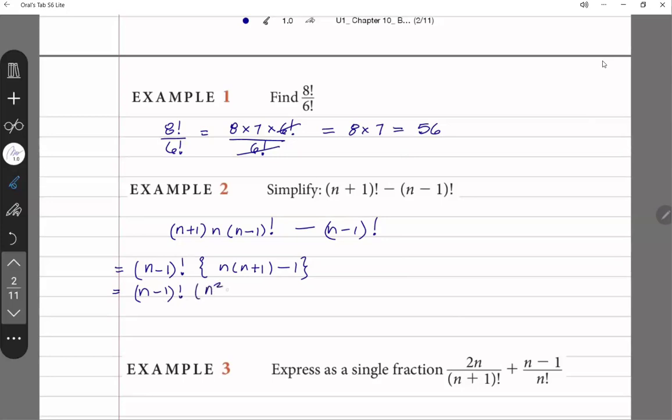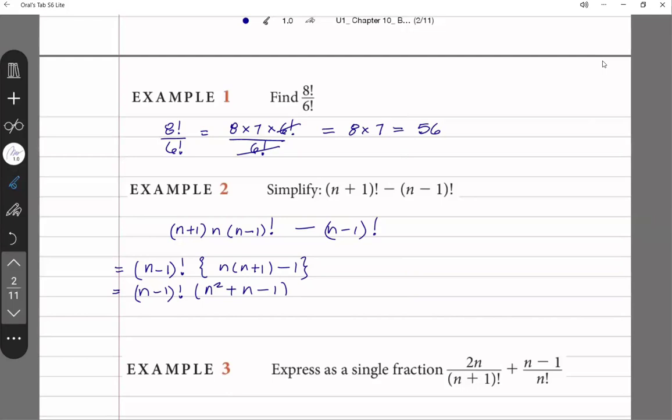N squared plus n minus 1. So the simplification is n minus 1 factorial times n squared plus n minus 1.